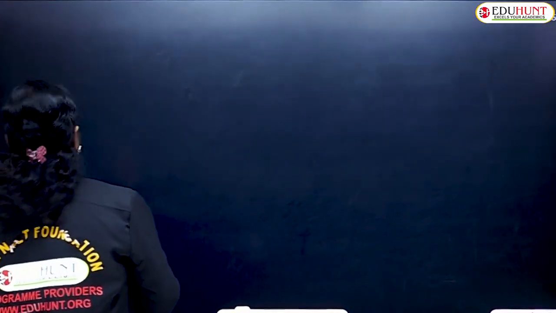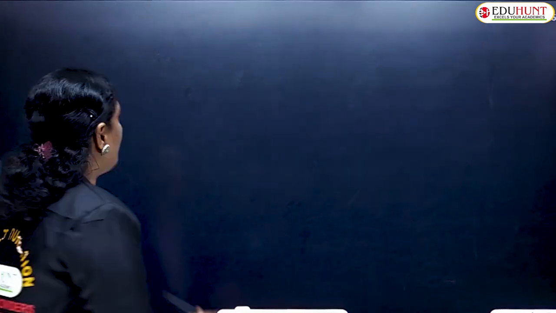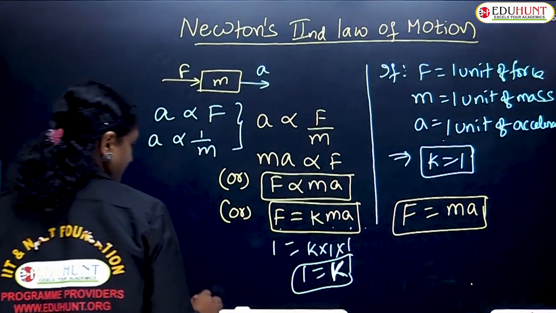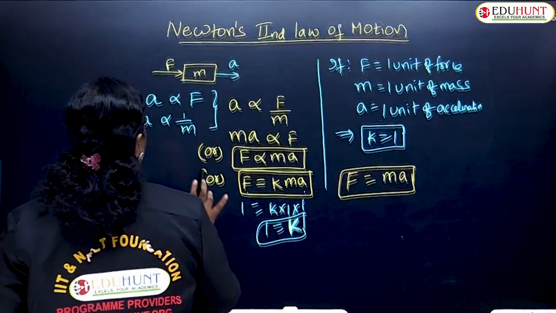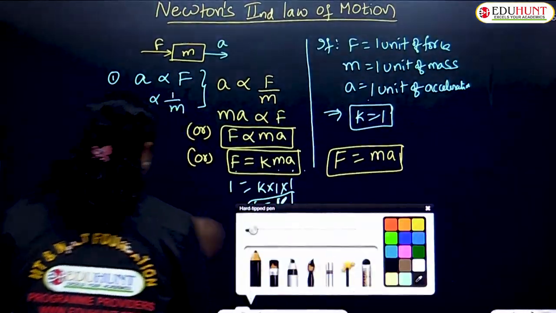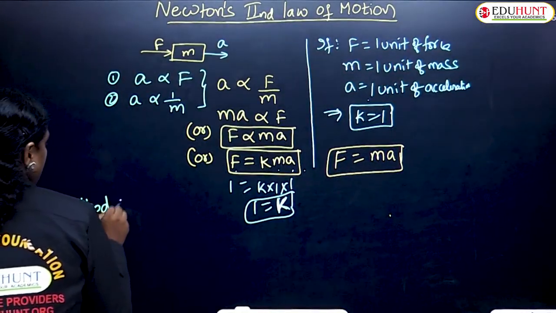So Newton's second law of motion in method 2 is based on the rate of change of momentum. For method 1, let me write down the definition statement.